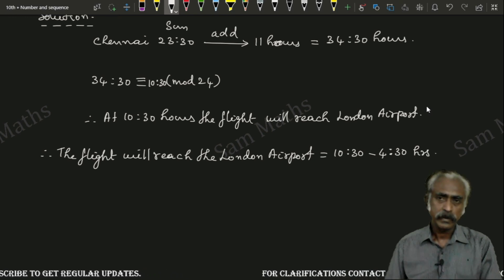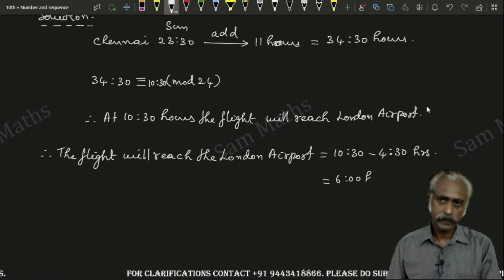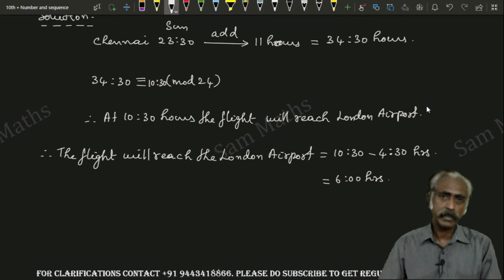Okay, children? Therefore, this is equal to, you just subtract that, this is 6 hours. So this is the required London timing.